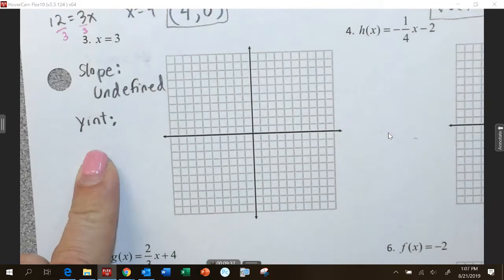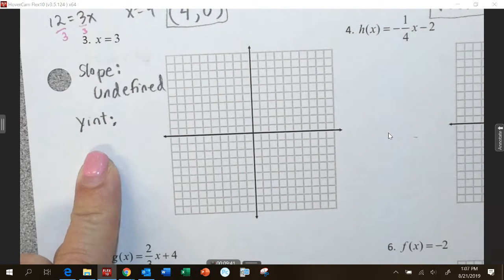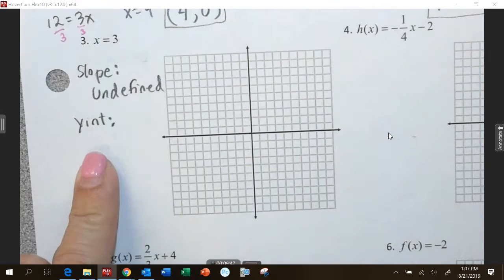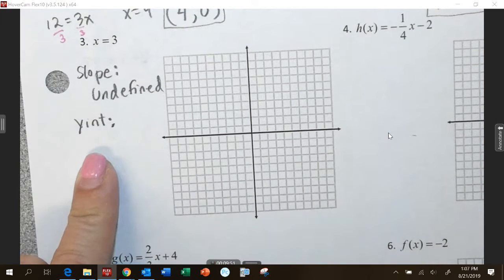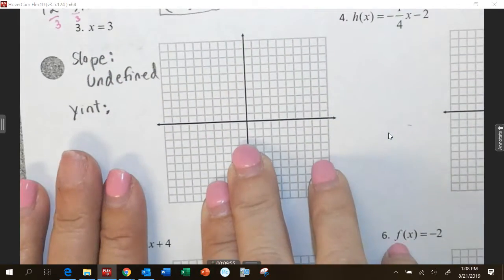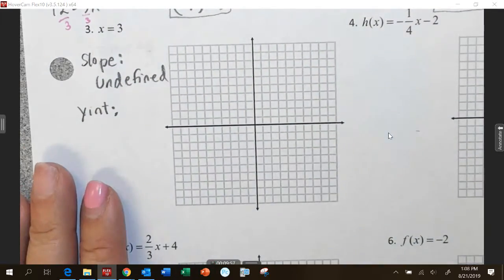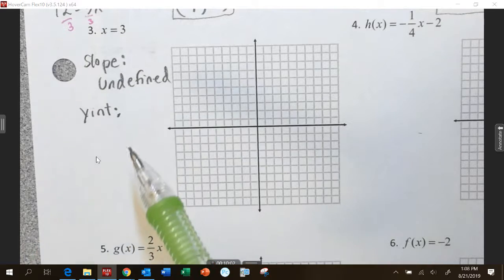So here's the question. How do I know that you know that there's no y-intercept? Because it's undefined. Yeah, but how do I know as a teacher, other than you telling me and having this conversation right now? Not everybody's having that same conversation with me. So how do I know by looking at your paper, when you are supposed to fill out the y-intercept and you leave it blank, that you knew that there was no y-intercept?